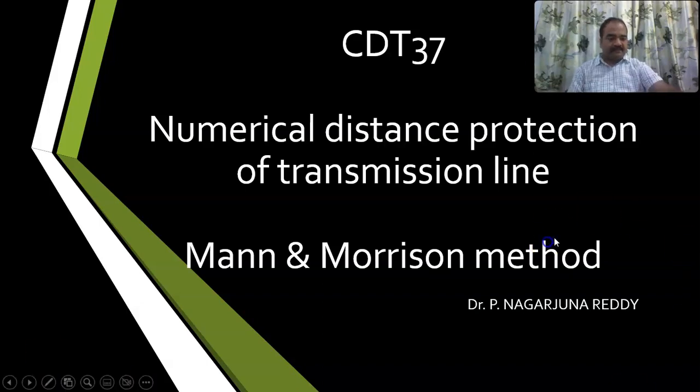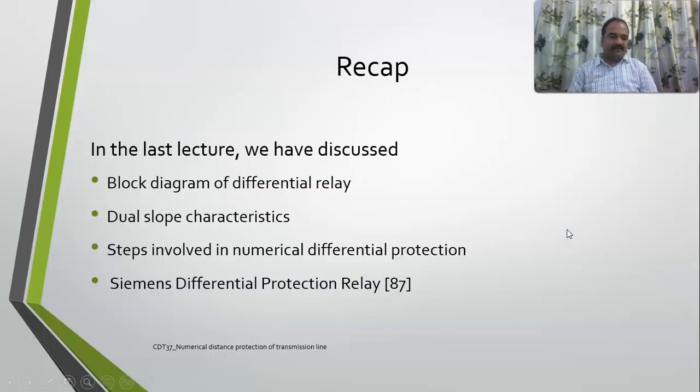In the last video lectures, we have seen how to implement numerical relays for protection of transformers. We have seen overcurrent relay, and in the last lecture itself, we have seen how to implement a differential relay for the protection of transformers.